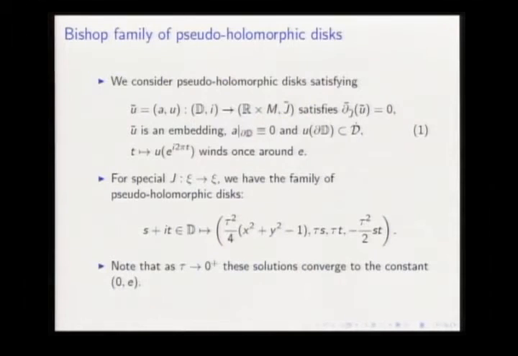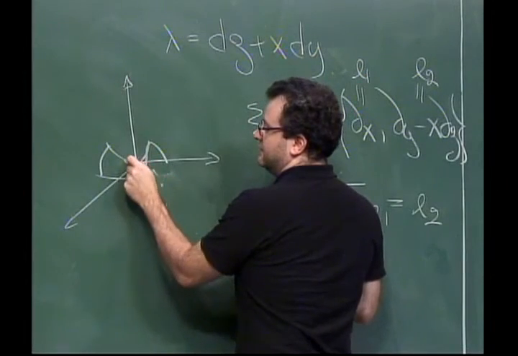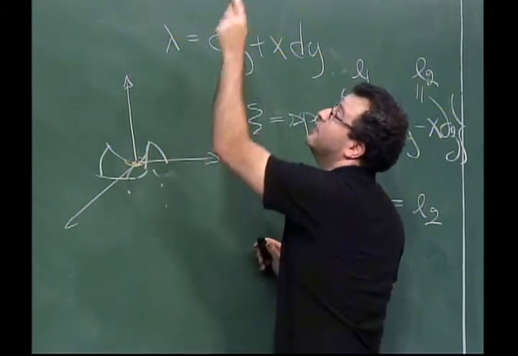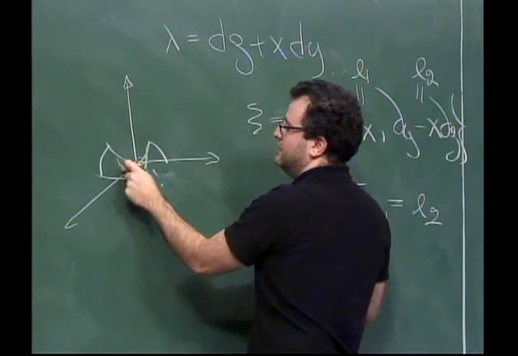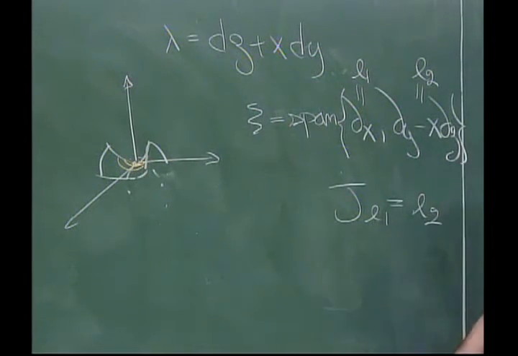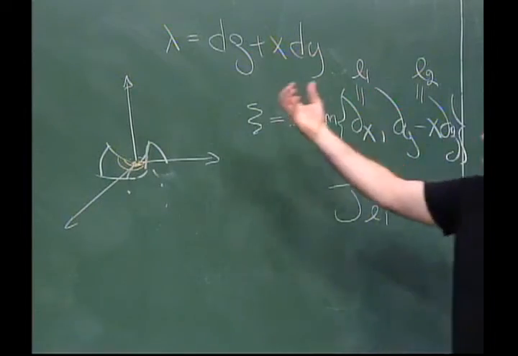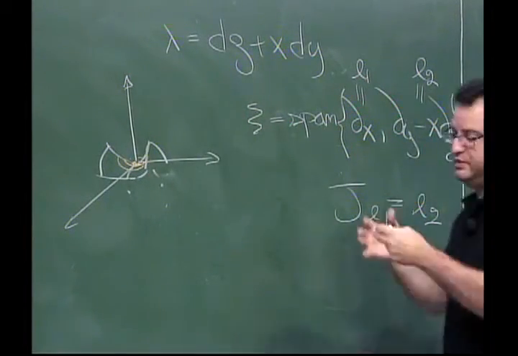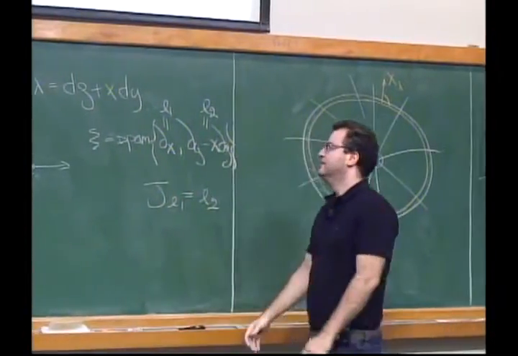It depends on a parameter tau, very small disks converging when tau goes to 0 to the singularity and emanating from it and winding the singularity exactly once. And so we have a starting point to produce the P disk, which is pseudoholomorphic.